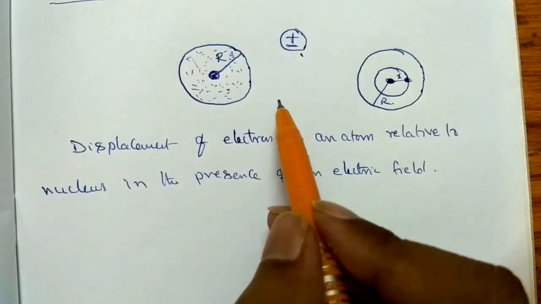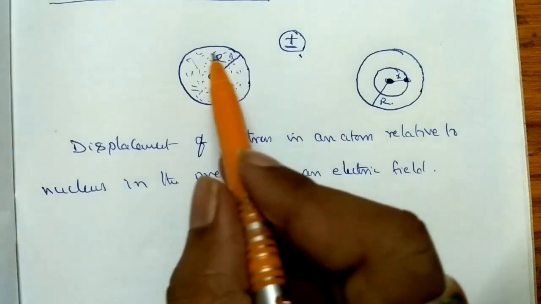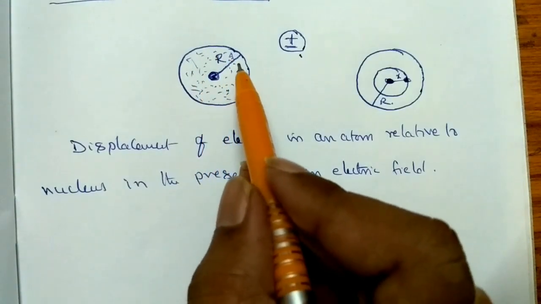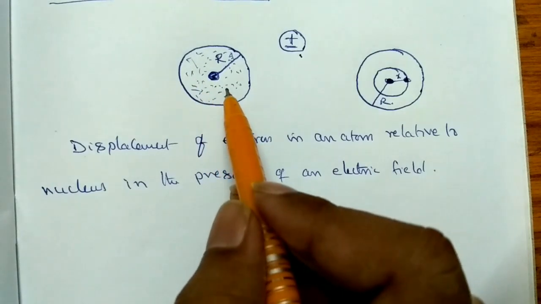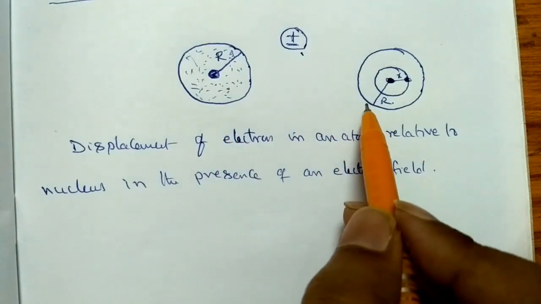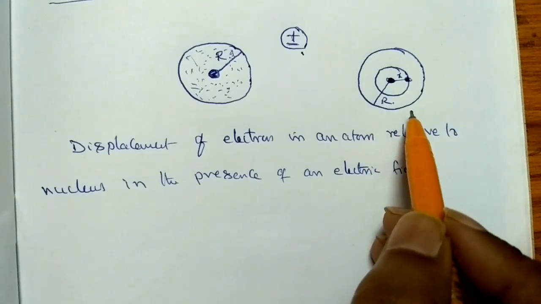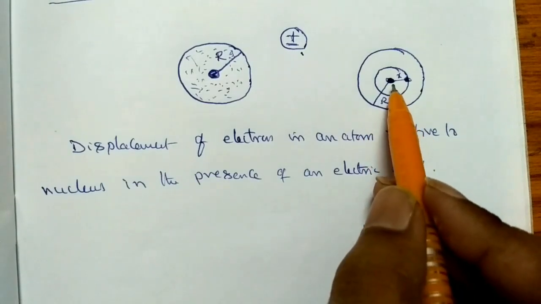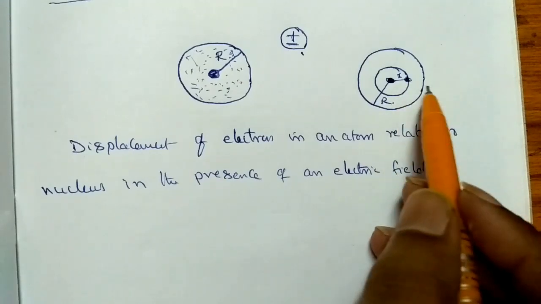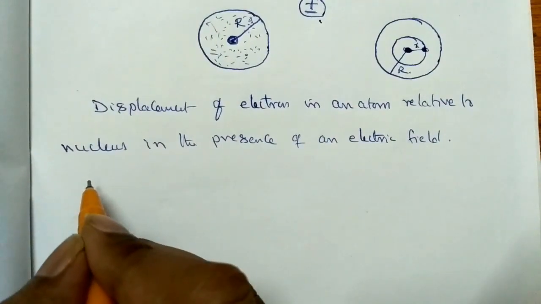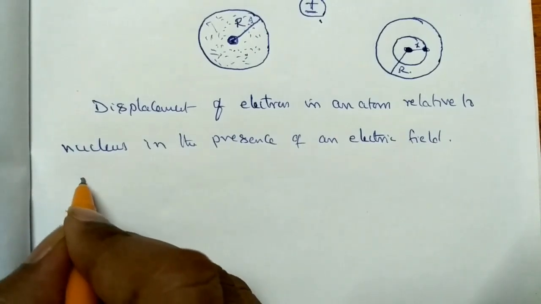The electrons form a uniformly charged spherical cloud surrounding the nucleus. When an electric field is applied, the electron cloud and the nucleus get displaced. So let us think of certain parameters here.